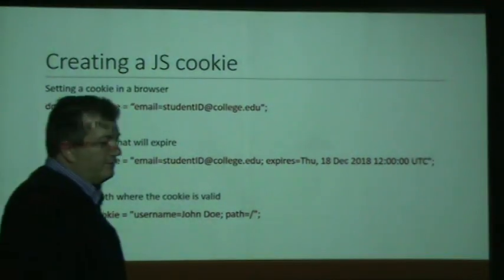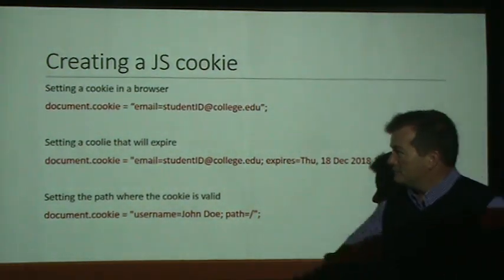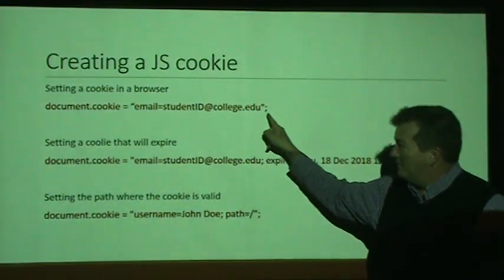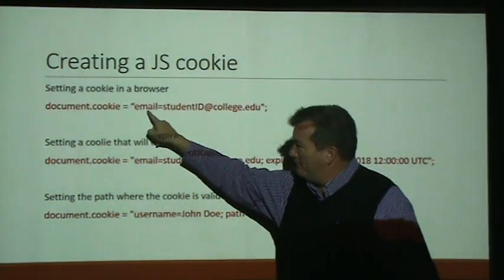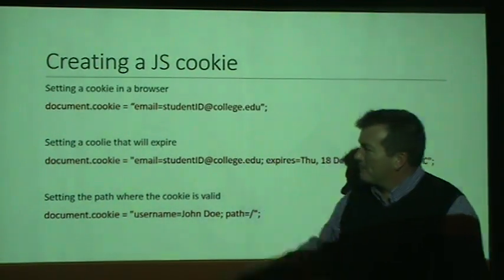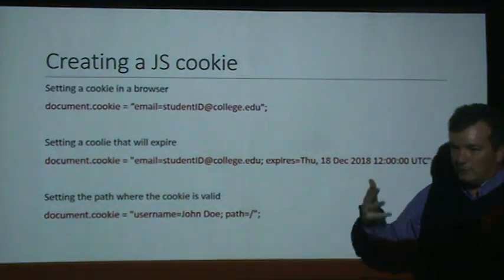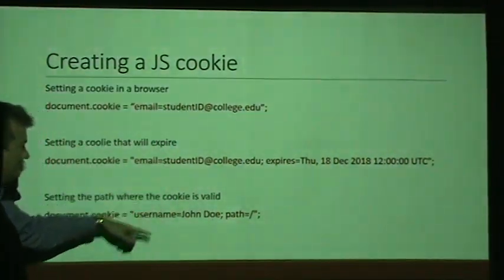So then you might say, all right, if I set a cookie, how long does it last? Well, it'll last forever if you just say email equals a student ID. Now you can come along and change email to a different value, and then the old value will be gone and the new value will be updated. But if you want it to eventually go away at some point, you would have to have it expire.